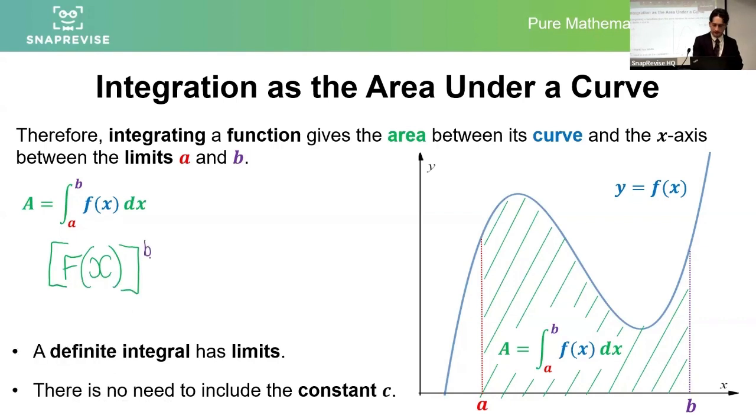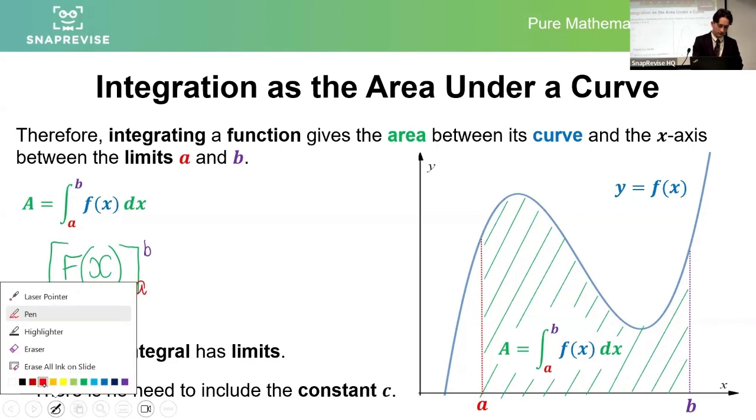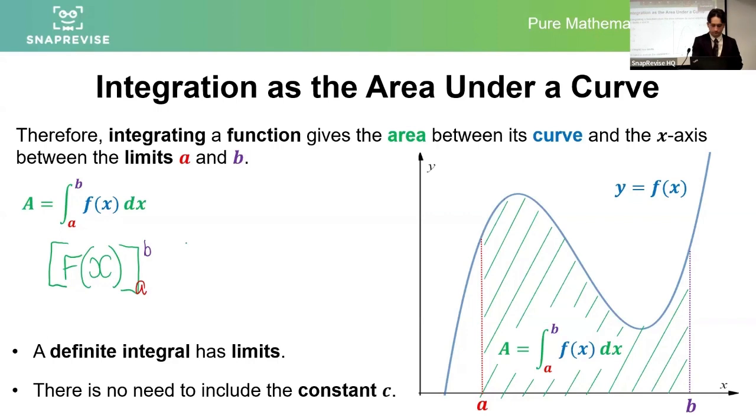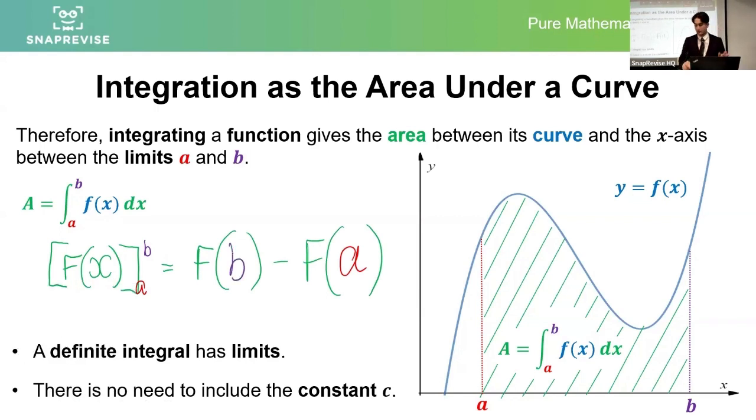It's for a different mechanism. So if this is between B and A, and remember we want to denote this properly, this would be f of B subbed in minus f of A subbed in. So even if you had the constants in there, they would cancel anyway. So the better convention is just not to write the plus c for this kind of question. And that will evaluate the area underneath.